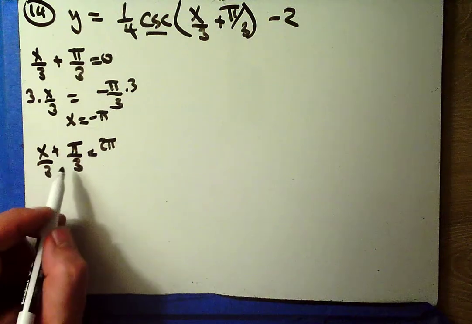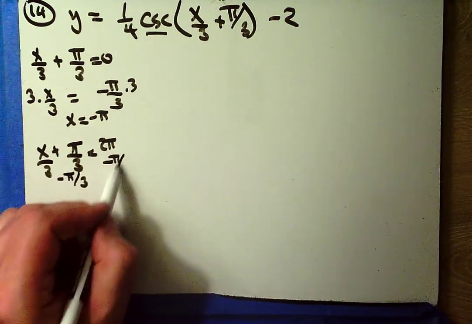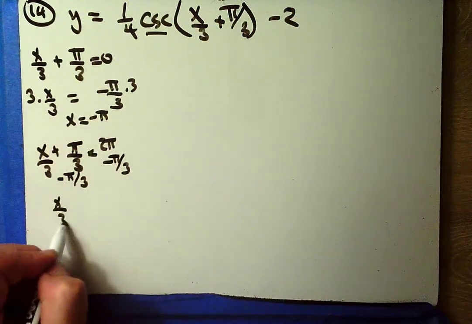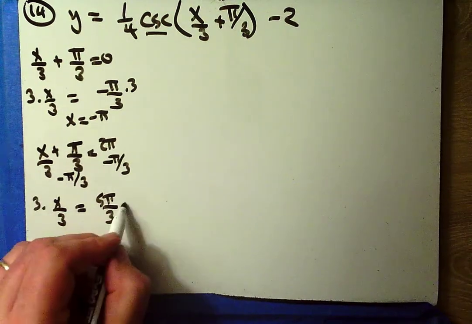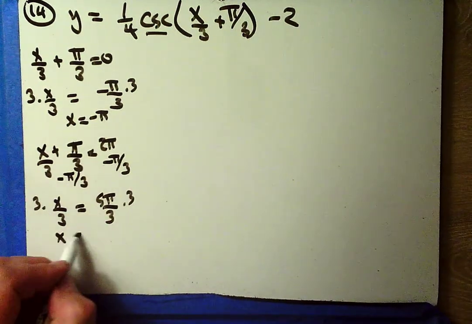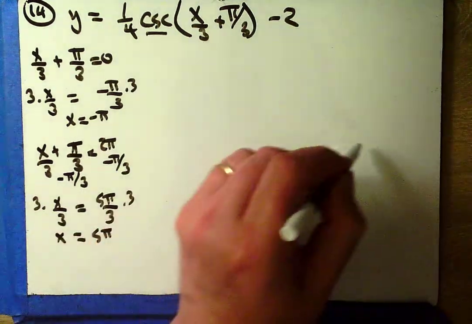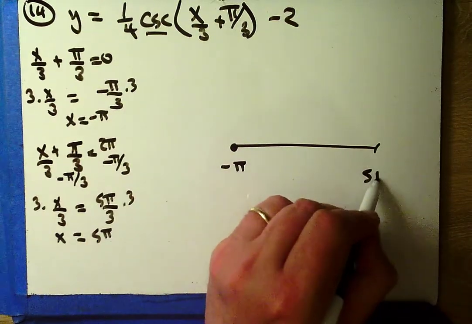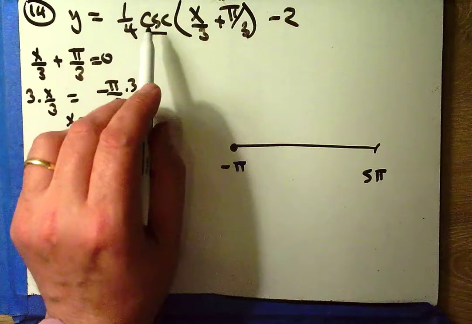Here, I'm going to subtract pi over 3 from both sides. 6 pi over 3 minus 1 pi over 3 is 5 pi over 3. And when I multiply both sides by 3, I get x equals 5 pi. So my graph is going to start at negative pi and end at 5 pi. It's cosecant, so I'm thinking about sine.